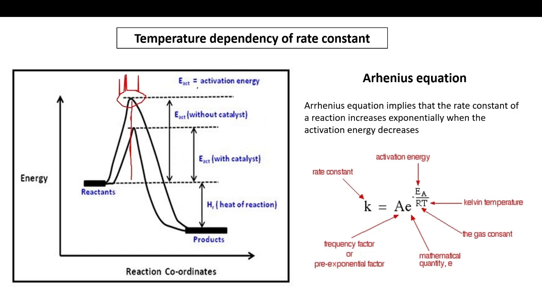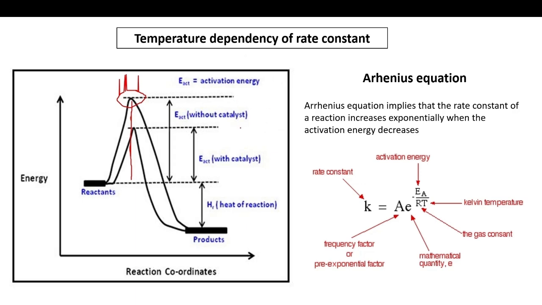Why is this so? Because if the activation energy is more, then the reaction will be slower. It requires higher energy to overcome this barrier, that you see in the red line, to convert into the product. That's why if activation energy is more, your rate constant is lower.